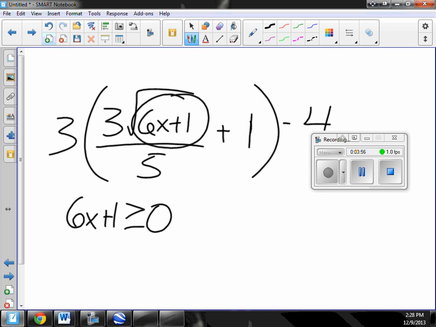So I solve for x, and I get x is greater than or equal to negative 1 over 6. And I don't care what the graph looks like. The only rule I have to be careful about is if I plug in a number, do I get an i? In which case the graph doesn't exist at that point. Does that make sense?